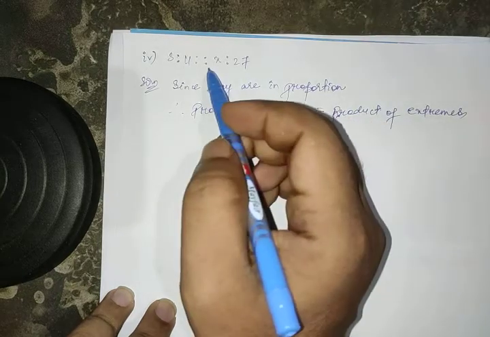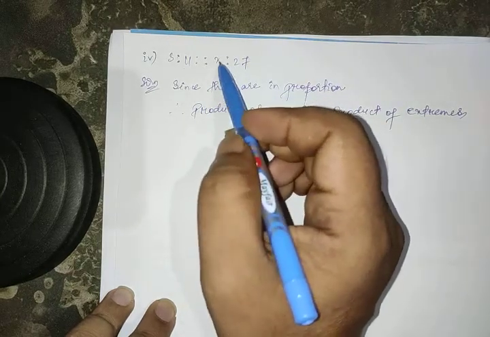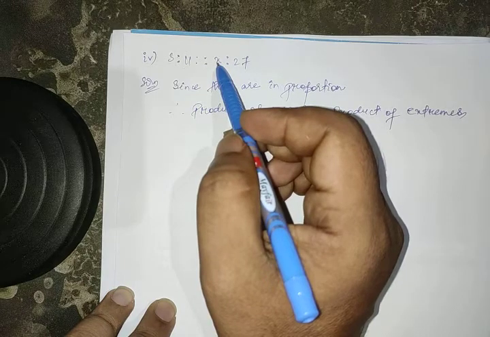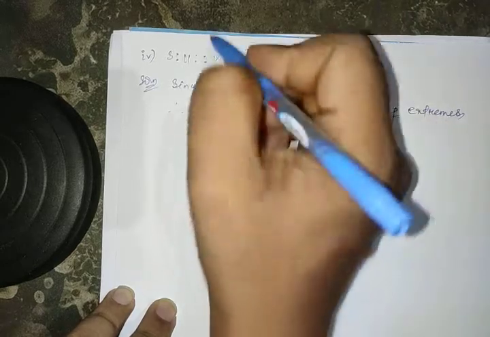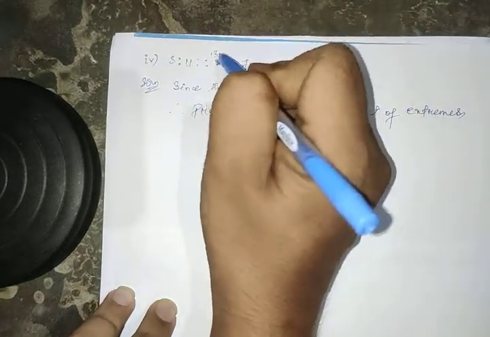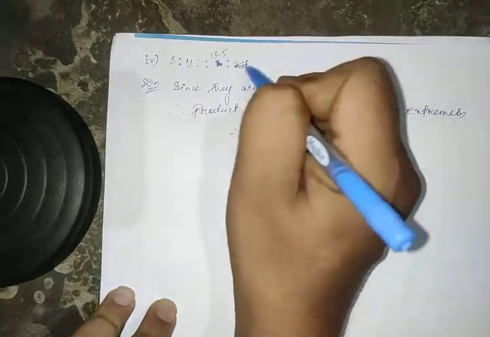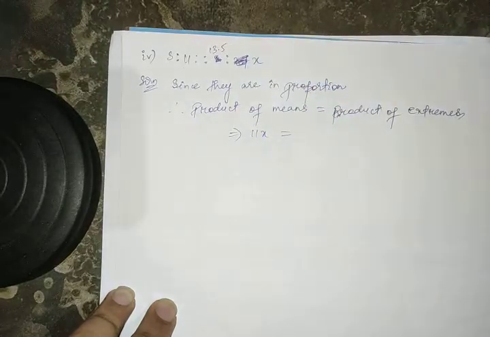Oh, actually the question is, it should be 13.5 is to x. I have written the wrong question. This one is 13.5 is to x.